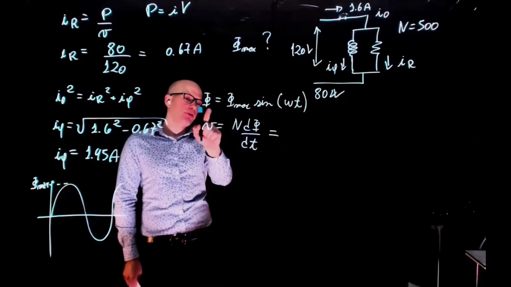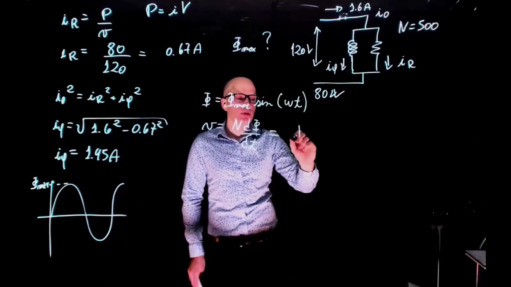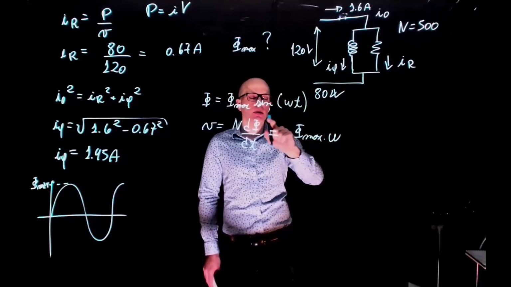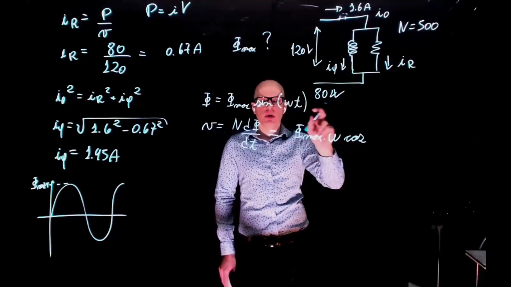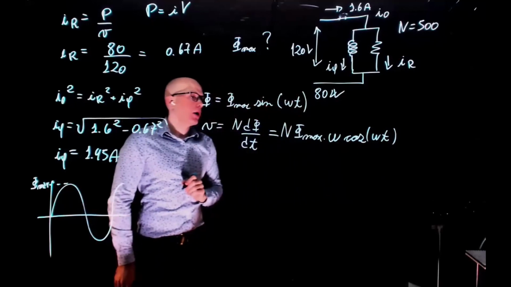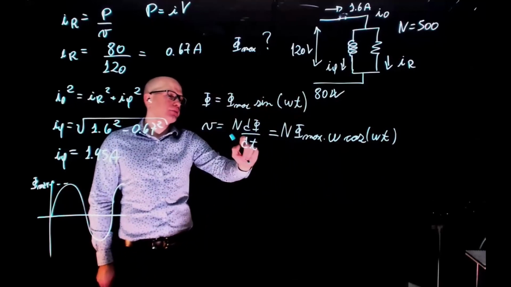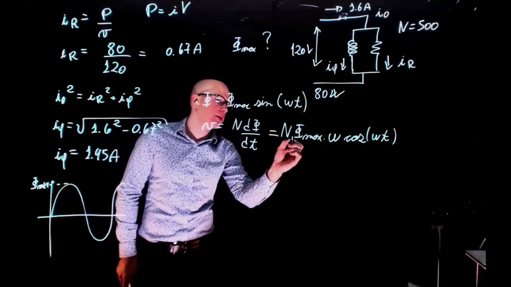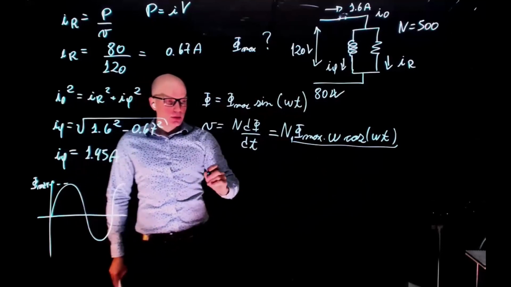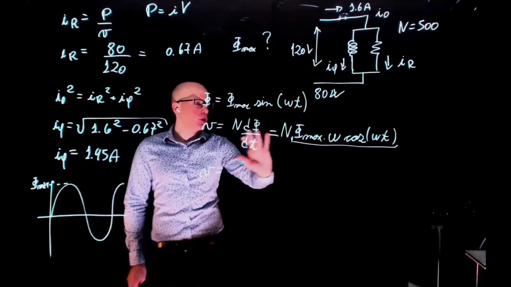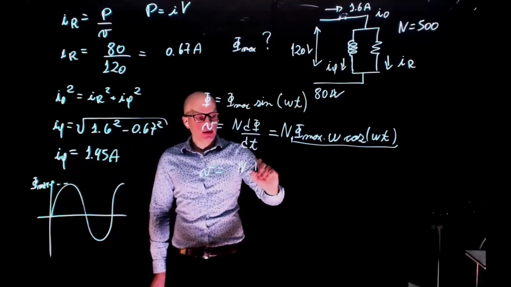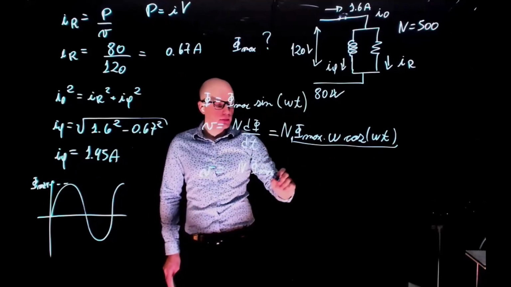If we now replace phi here and take the derivative, that gives phi max times omega in radians per second times cosine of omega t, all times N. So this is d phi dt. So now V, if you only look at the maximum, we can neglect the cosine of omega t. V equals N phi max omega.